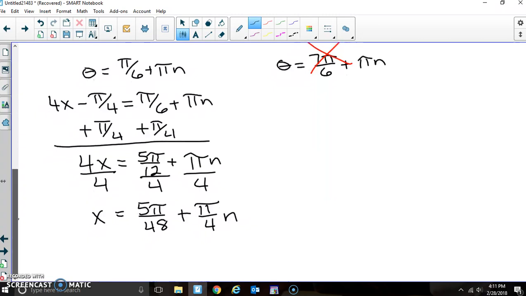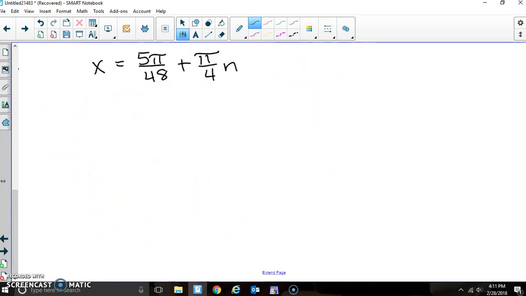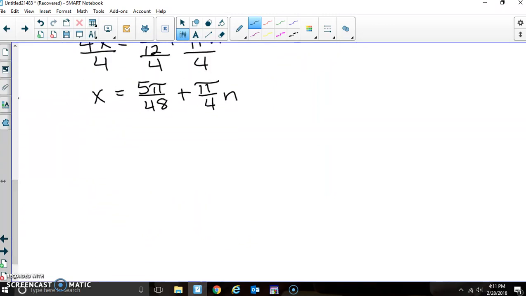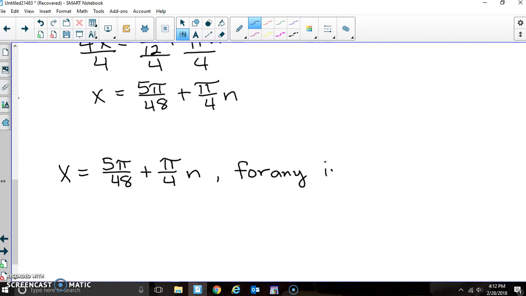Okay, now you only have the one set of solutions. So I'm just going to rewrite that as x equals 5 pi over 48 plus pi over 4 n, and that will be for any integer n in that case.